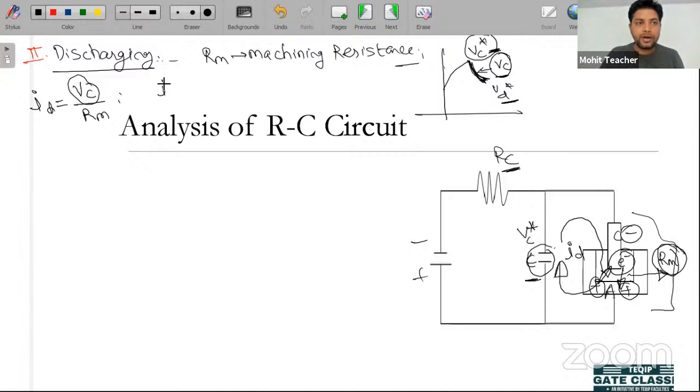Second is like ID को आप इस तरह से भी रिप्रेजेंट कर सकते हैं, that is minus C into dVC by dt. Now क्या है मैं समझा देता हूँ आपको. dt is change in time, change in voltage.